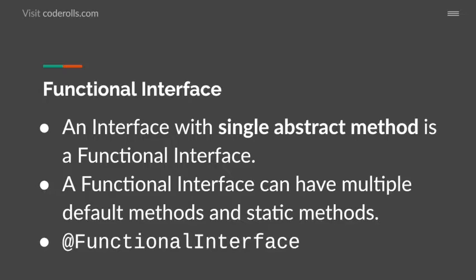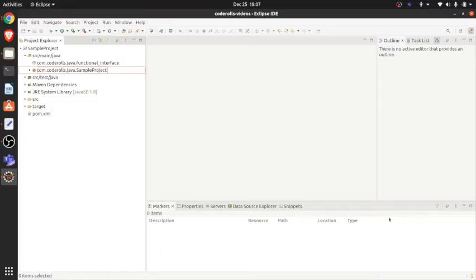So I will open Eclipse and try creating one functional interface, and we will discuss more things while creating it. So this is the Eclipse IDE and I have created a simple Maven project. Now you can see it is a Java 1.8 JRE library here. So we can create functional interfaces and have default methods and static methods in it.